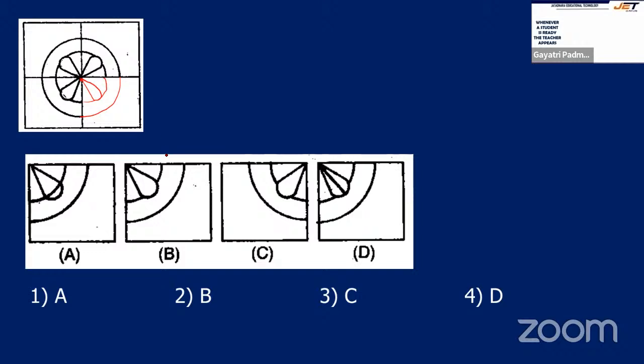It should be B. It cannot be C because it is facing the other side. It cannot be A because you have the circle which is crossing. And you cannot have D because we do not have this line. So it should be option B, and option B is the correct answer.